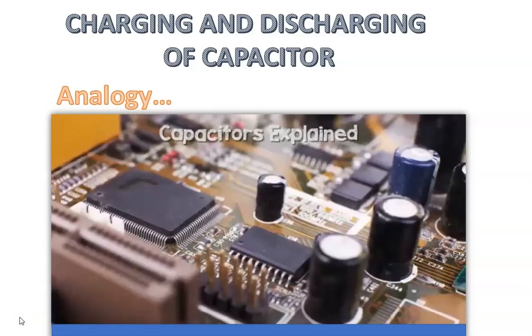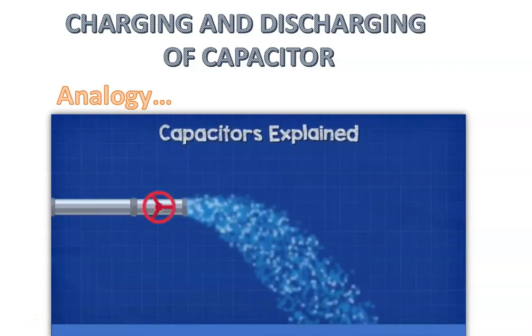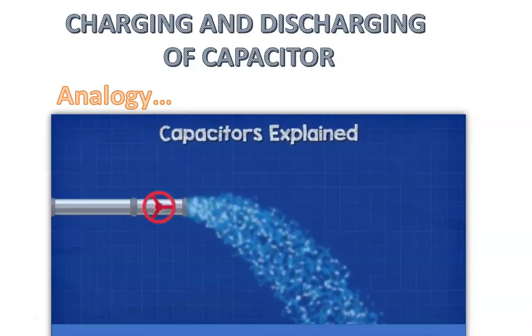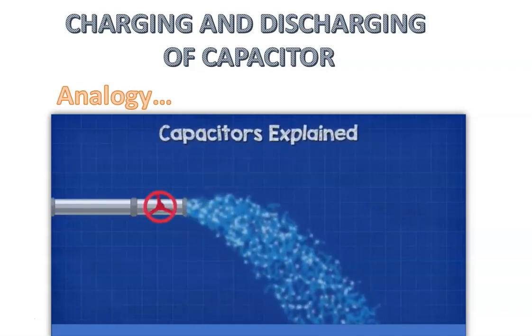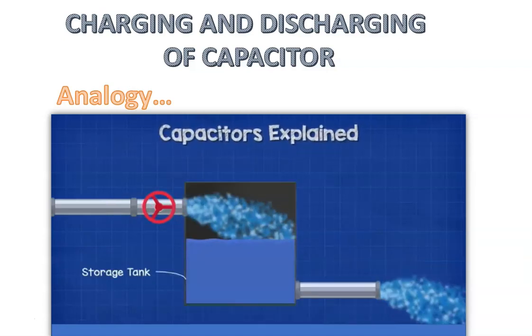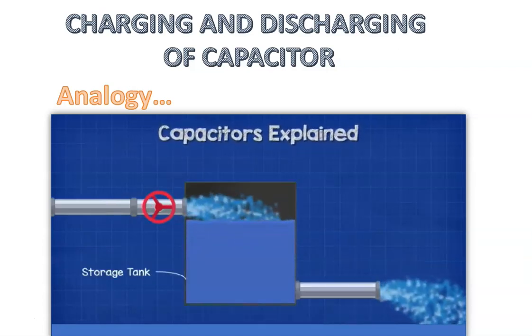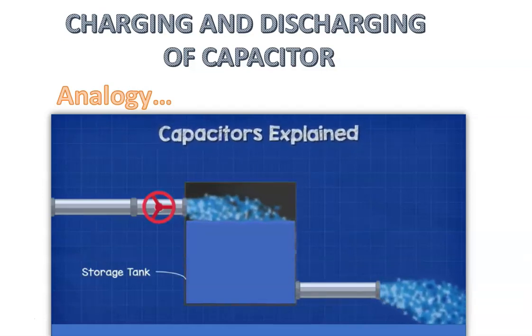Next is the charging and discharging of a capacitor, and we will understand it with the help of an example. See how. Consider a water pipe with water flowing in it. The water continues to flow till the valve is open. However, if there is a tank, it will store the water and we can take water supply from the lower opening, so that after some time the tank is empty.